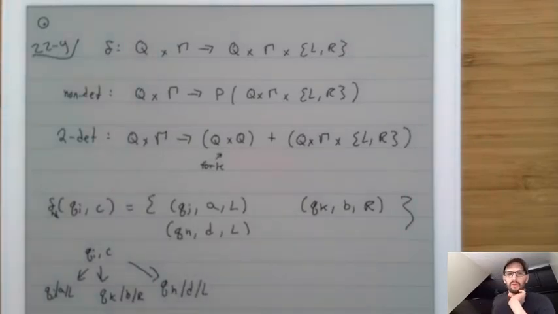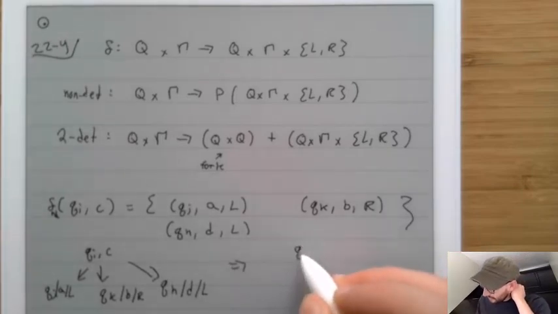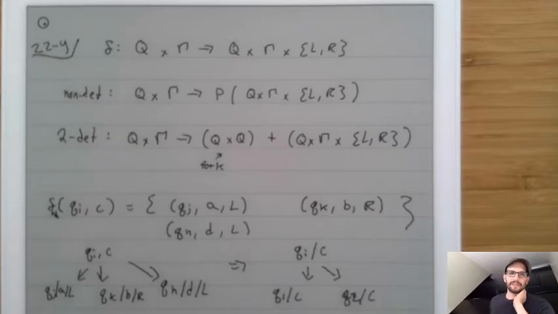Right? Well, what we're going to do is we're just going to rearrange this. So when we see QI and a C, then in that case, we're going to split this up into 2 possibilities. One possibility will be Q1C, and the other one will be Q2C, right?